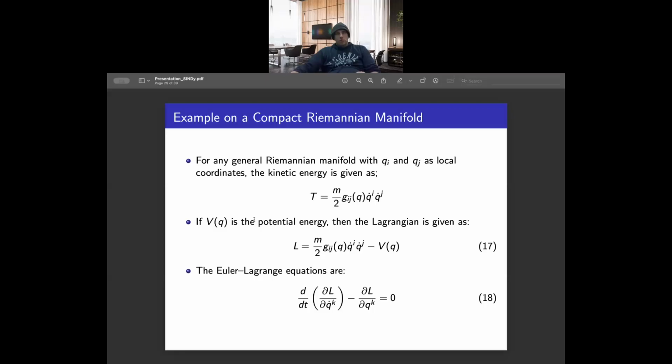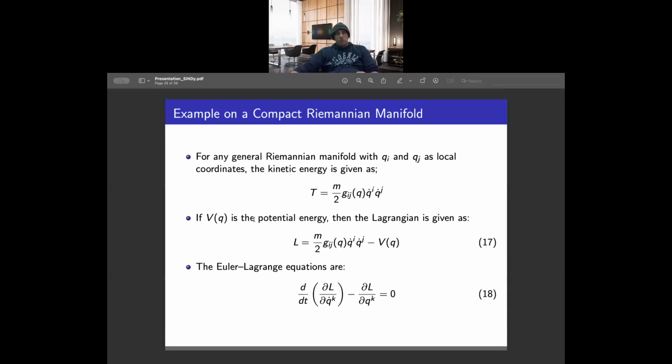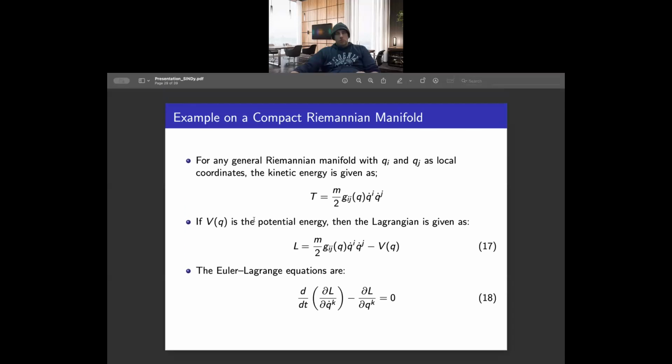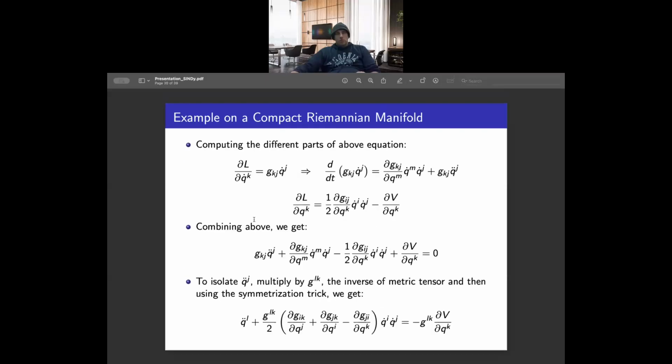And the Euler-Lagrange equations are how you actually get the equations of motion. So once you have this Lagrangian, you use equation 18 to get the equations, because in our torus we had theta and phi only, so we will have two equations. And this is the computation that I had done.